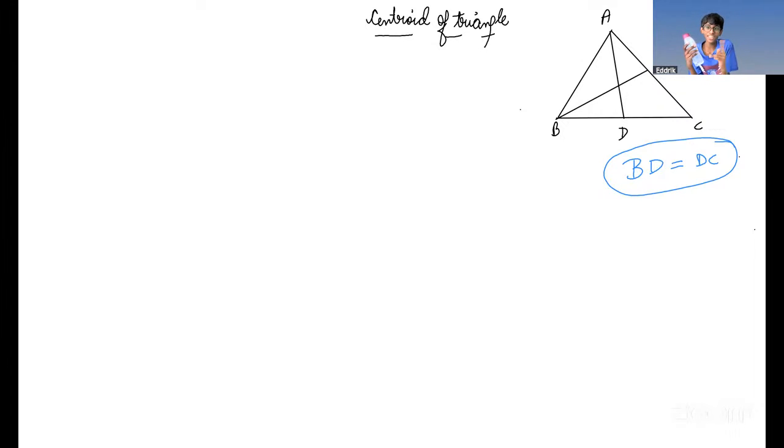It starts from the corner, goes to the opposite base, and divides the base into equal parts, such that BD is equal to DC. And it doesn't mean that it will start from A only. It can start from B also, and divides the base into two equal parts. AE is equal to EC.